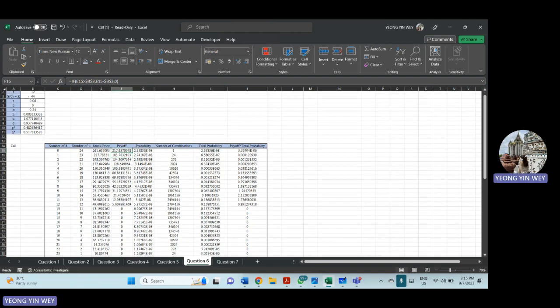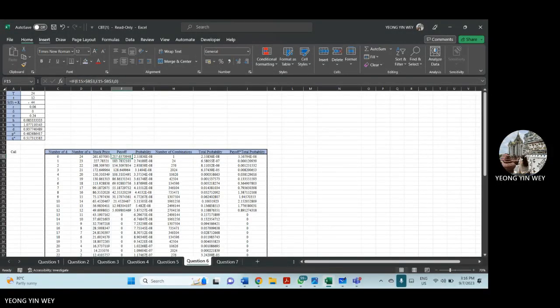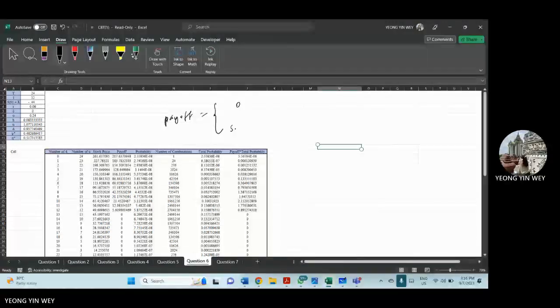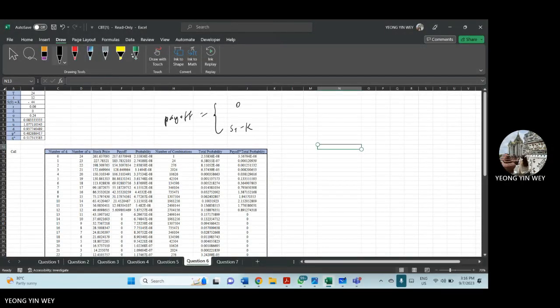So the payoff. For this question, we are doing the call. The payoff will equal 0 when the strike price is larger than ST, then we will not use the call option.